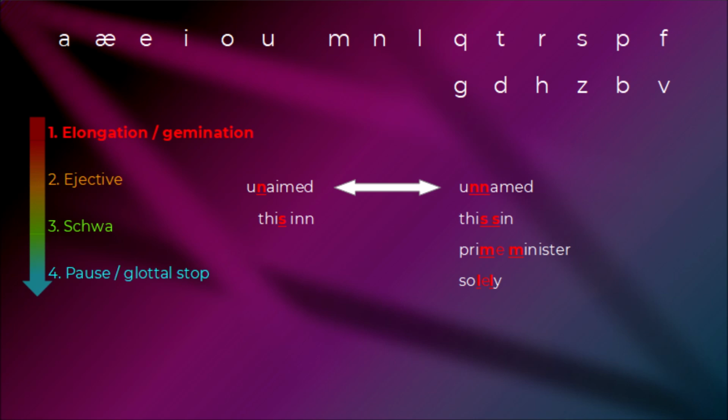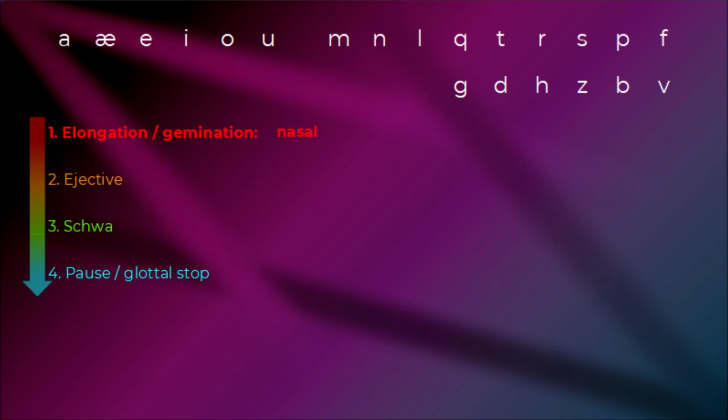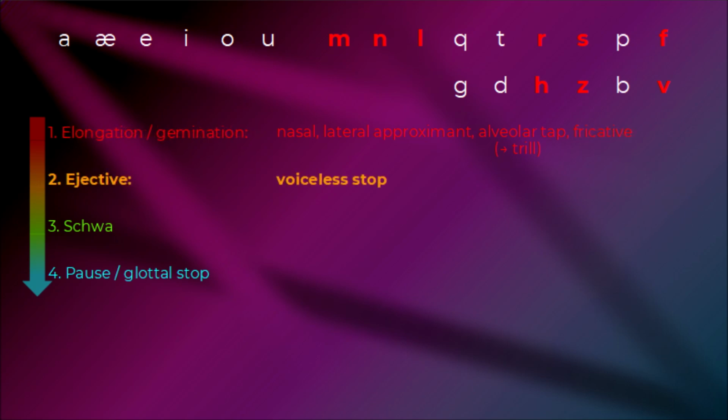In Ælis, gemination or lengthening can be applied firstly to the nasal consonants, which in Ælis are M and N. Next, it can be used for the so-called lateral approximant, which is the letter L. Then we have the alveolar flap, R, which will turn into an alveolar trill, R. Furthermore, gemination can happen with the sibilant and non-sibilant fricatives, which in Ælis are the letters H, S, Z, F, and V. The second method is creating an ejective.